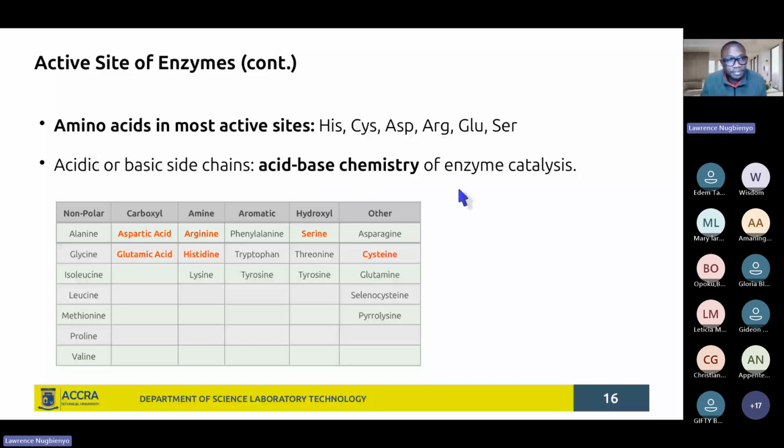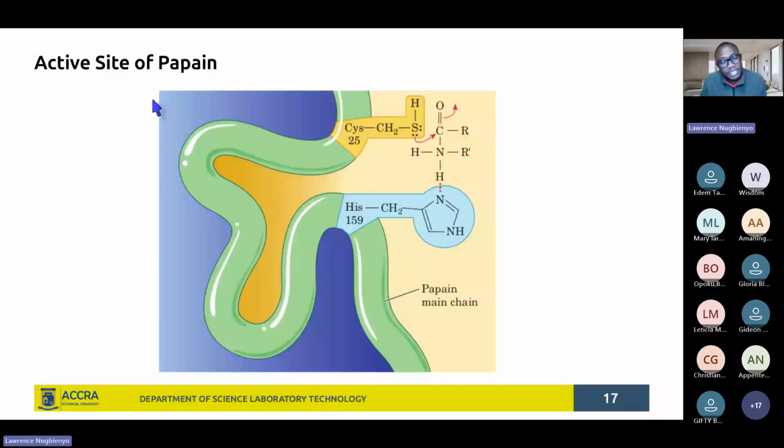All right. Now, let's take an example of, say, an enzyme papain. So now we are looking at the active site of the enzyme papain.